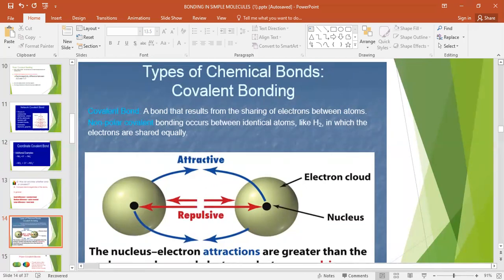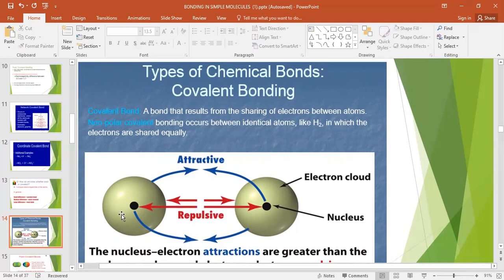One has greater electronegativity, another smaller. The element with the higher electronegativity attracts the other element towards itself, like chlorine here, 3.2, but hydrogen 2.2. So chlorine will attract hydrogen towards itself to form a chemical bond.